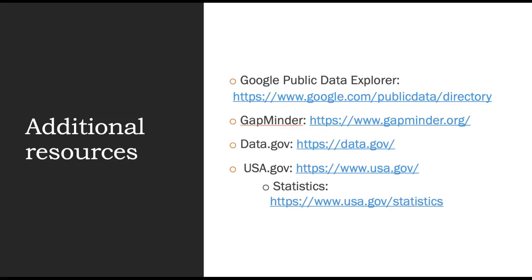We've looked at USA.gov for a number of reasons in class, but note they have their statistics page within USA.gov. And then we've got data.gov, Gapminder, and then also Google's Public Data Explorer. So if you are looking for empirical data in practice, these may be some of the free resources that you might use in doing so.